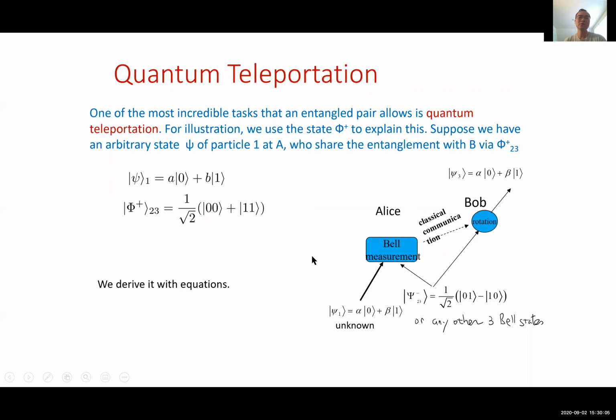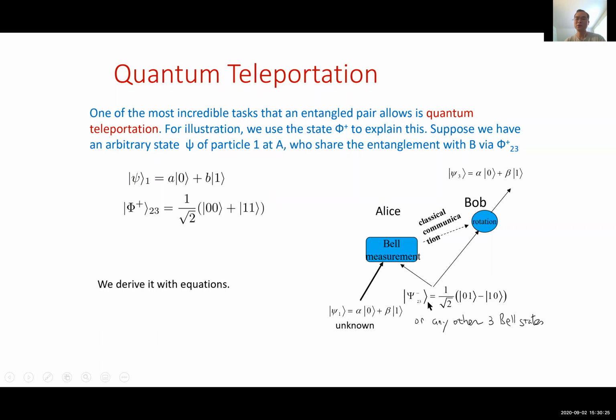scenario. So suppose you have a qubit state, and alpha and beta are not known, so this is an unknown state, and Alice has that state. At the same time, Alice and Bob share an entangled state, so I denote 0, 0 plus 1, 1 here, but here I indicate another one. In fact, all these Bell states that we had before are useful.